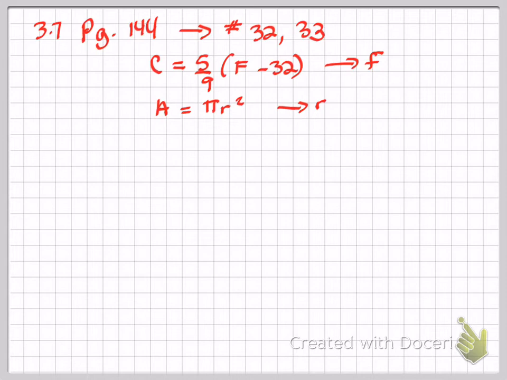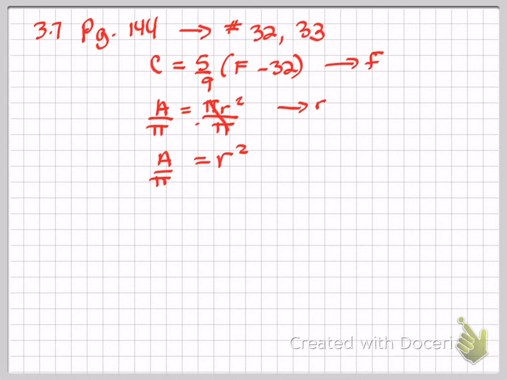Okay, questions? 3-7. What's next? Yes. How would you get rid of the exponent? Is it by squaring all of the equation? First, in this case, I would divide by pi. I'm left with R squared equals A over pi.